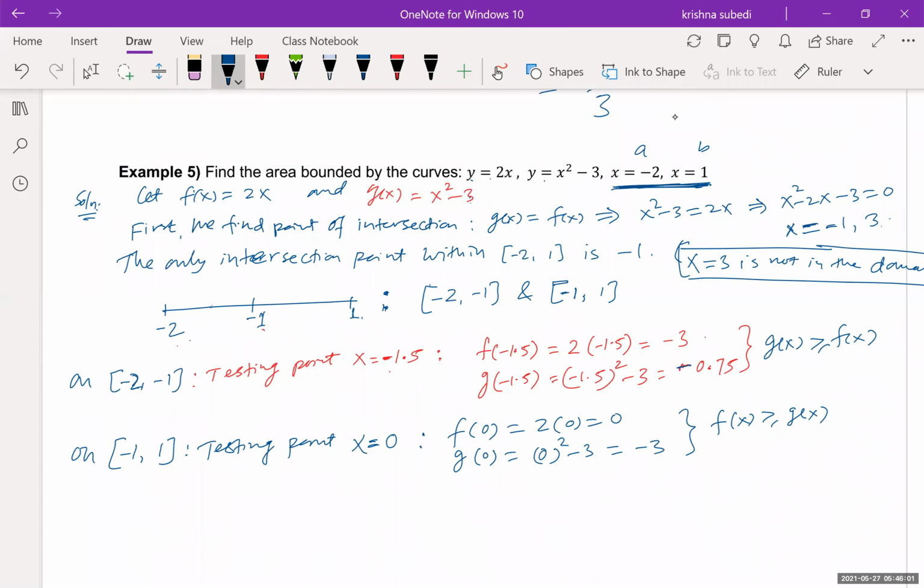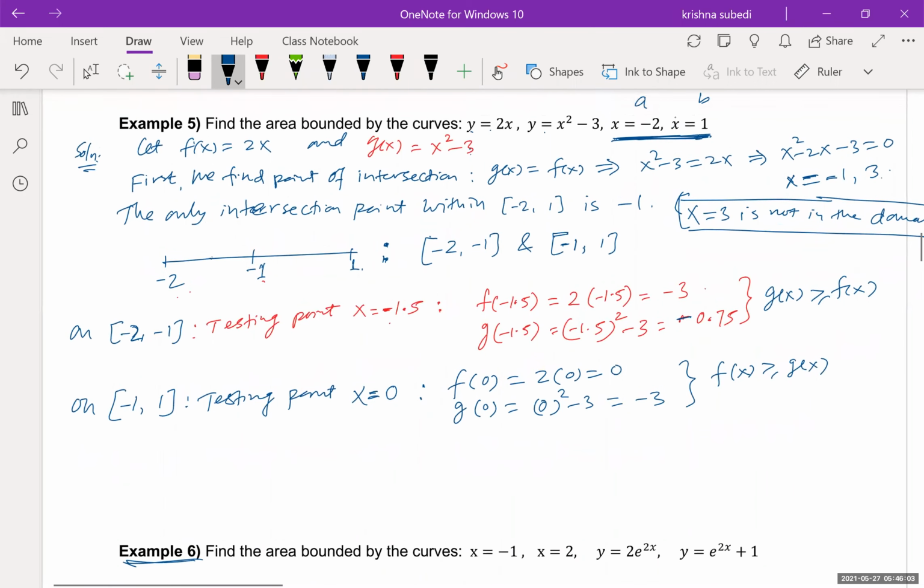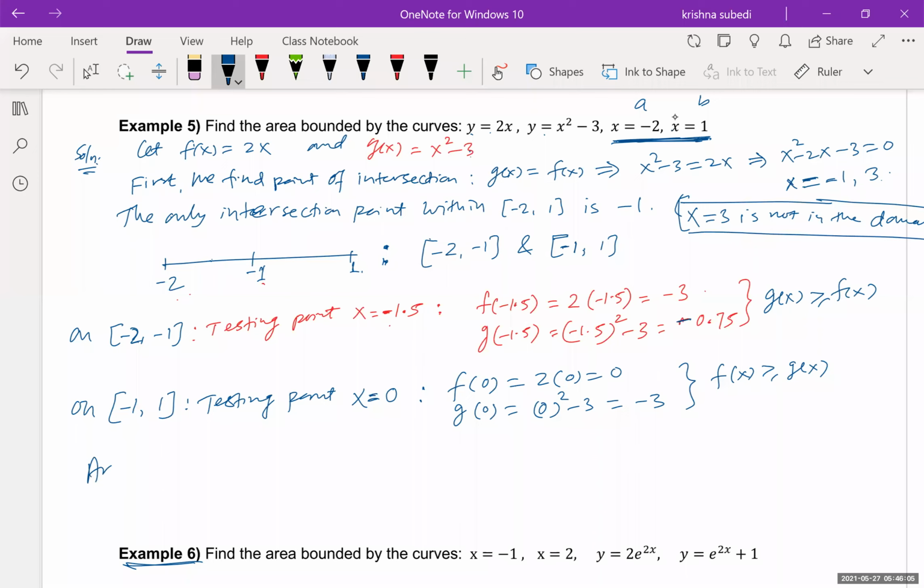Okay, so we can find the area between two curves. So the area between curves is given by, from negative 2 to negative 1, on this interval g is bigger.